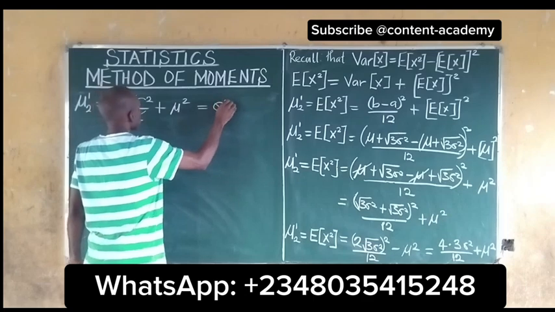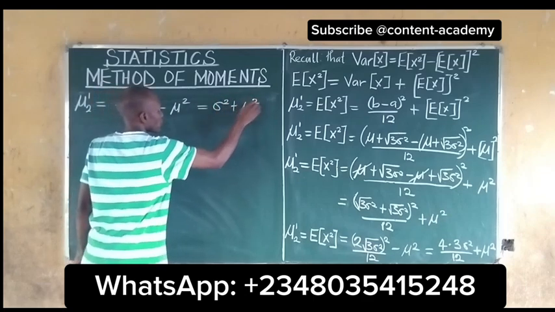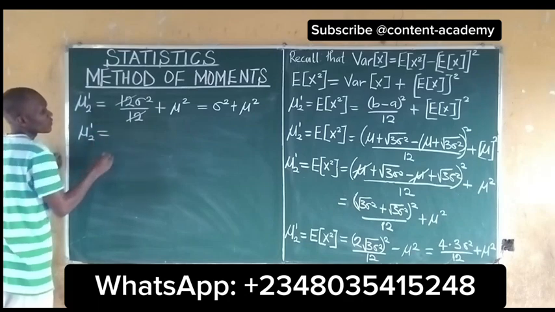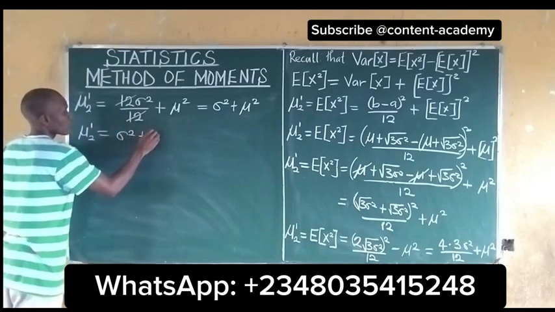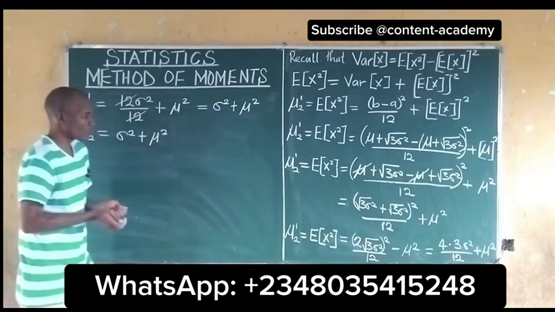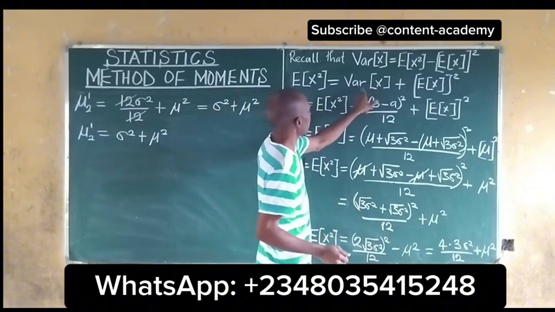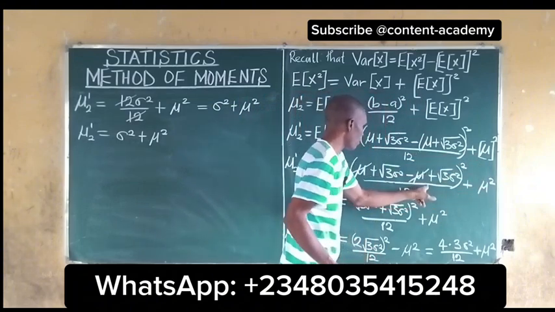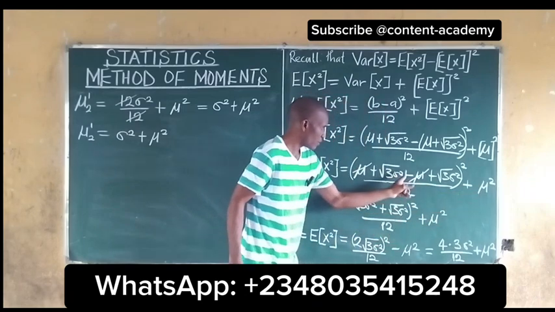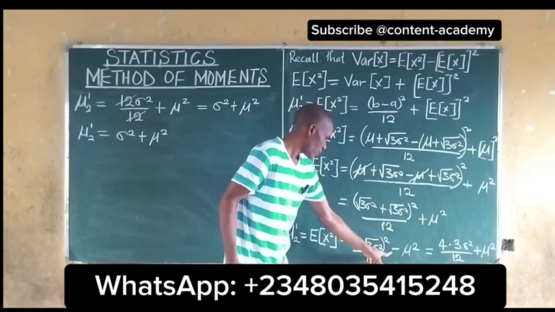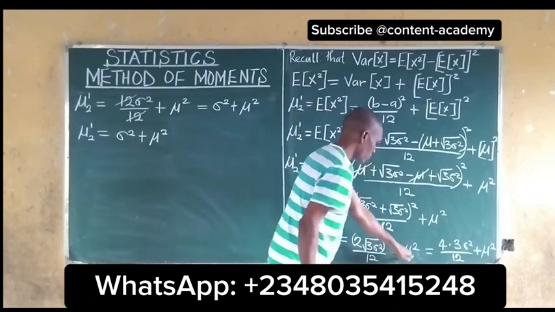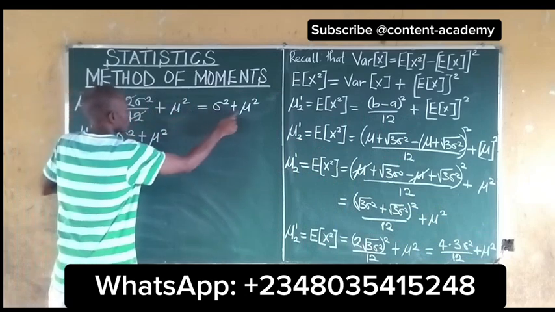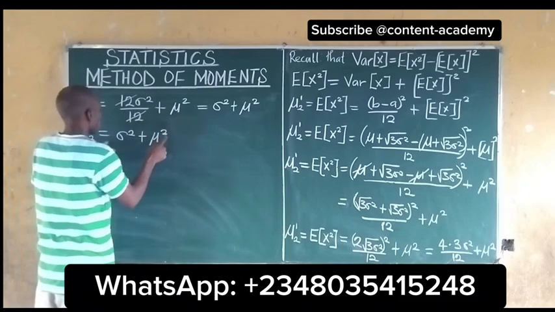So we have sigma squared plus mu squared. So it then means that our population mean for the second moment will give us sigma squared plus mu squared. So this is what we'll get, because from here we have variance plus this, variance plus this, variance plus this. So it will be variance plus this, and the whole of this plus this plus mu squared plus mu squared. So our population mean for the second moment is this.